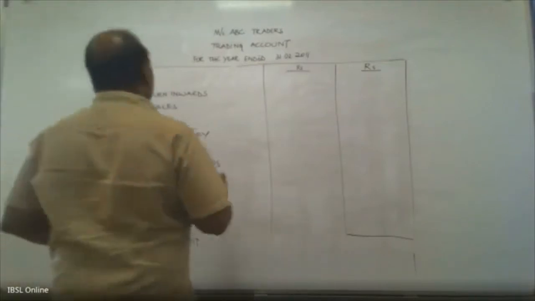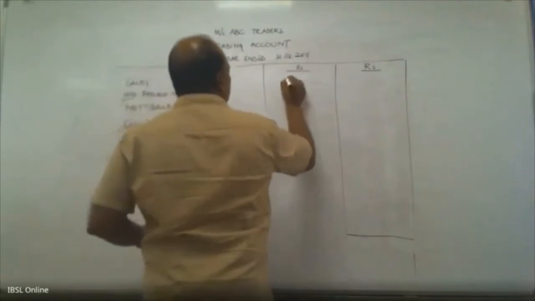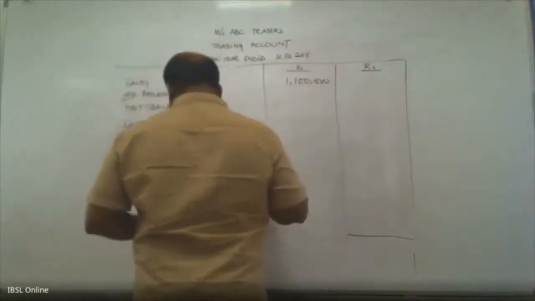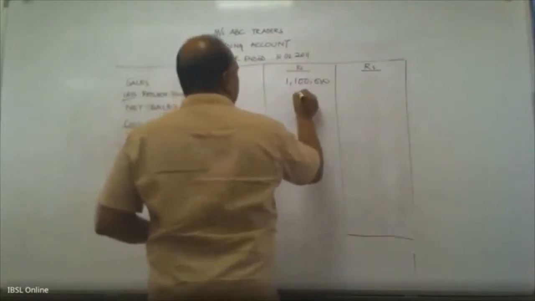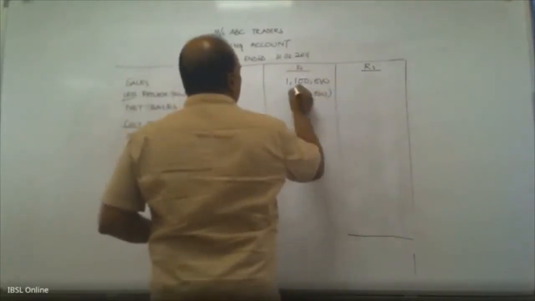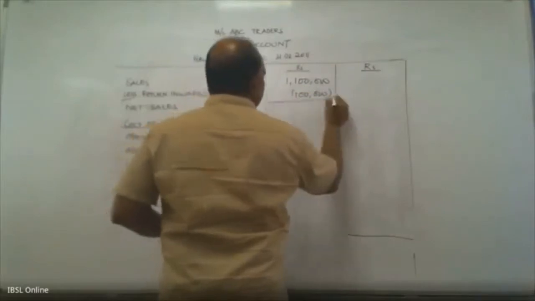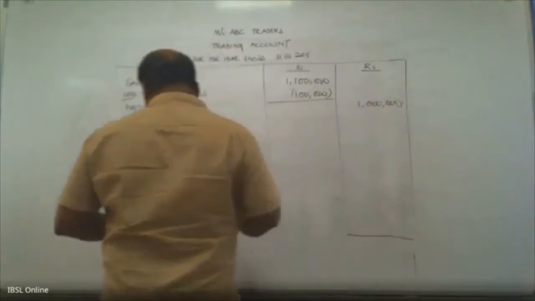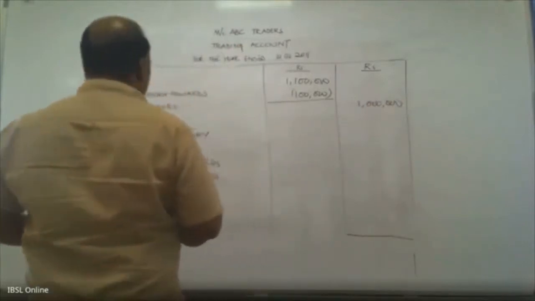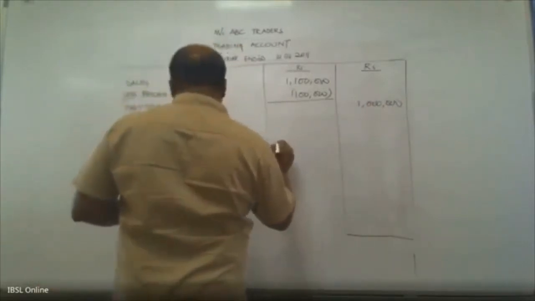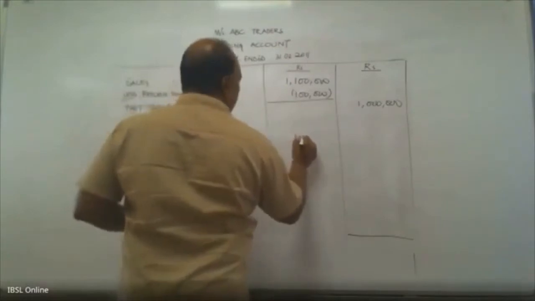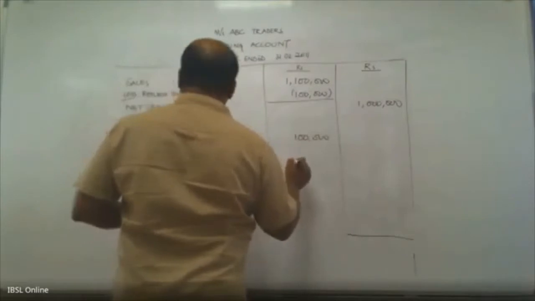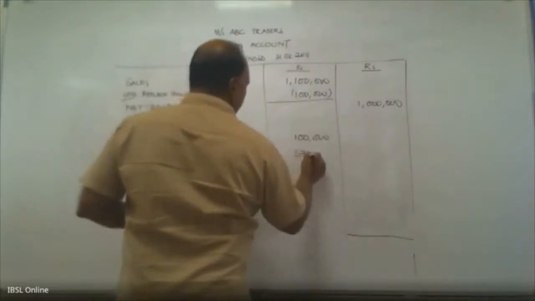Sales 1.1 million. Return inwards 100,000. So you have net sales of 1 million. Then you have opening inventory, which is again 100,000. Purchases 672.